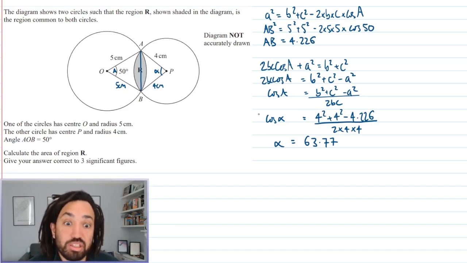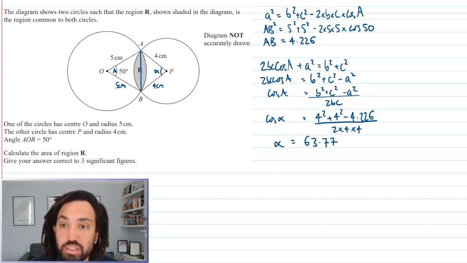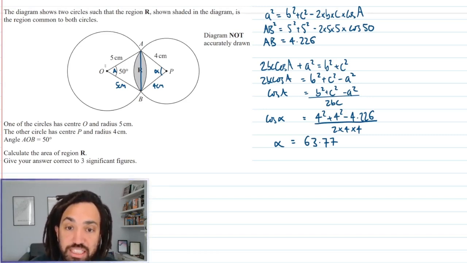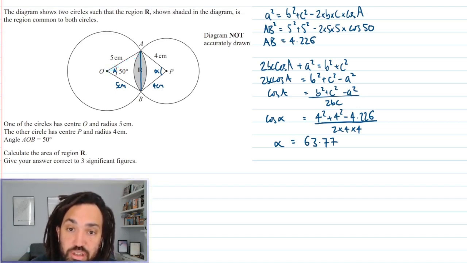Right, now we need to start actually finding the area of this thing. So what I'm going to do is start by finding the area of this sector here. That's the segment, but the whole sector looks like this.